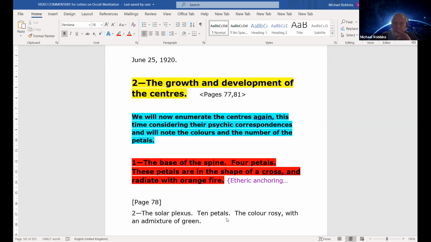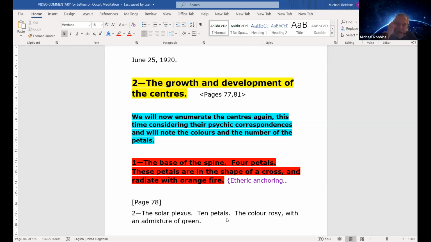The sacral center is said to have 6 petals. That's not going to be in the multiples of 4, though obviously multiples of 2 will fit all the centers, because none of them is anything but an even number when it comes to the petals that they demonstrate.